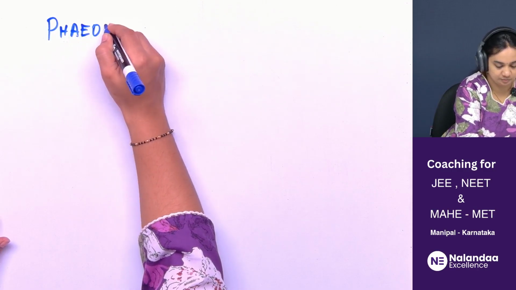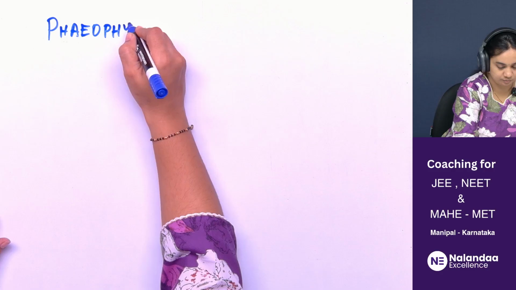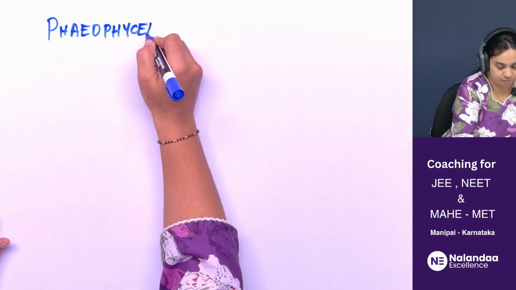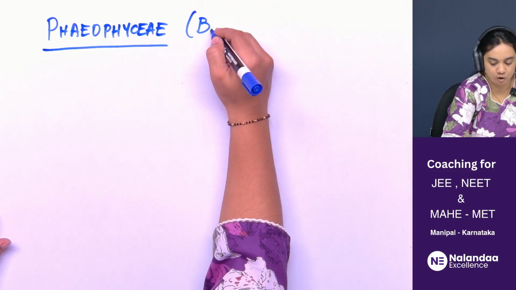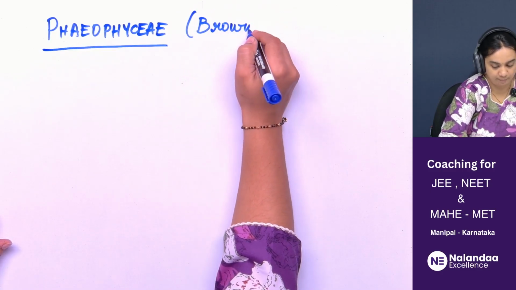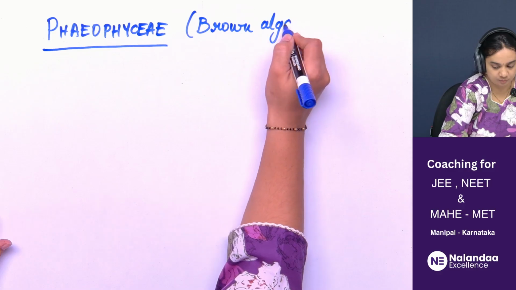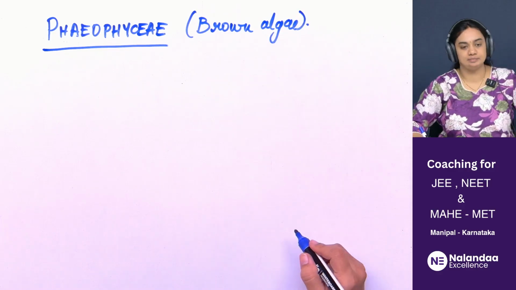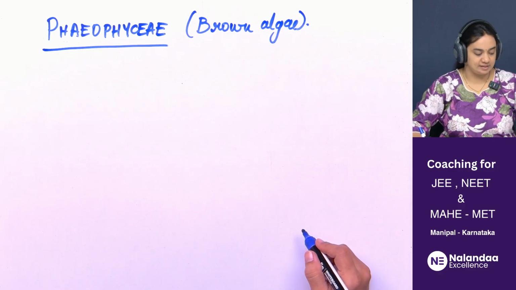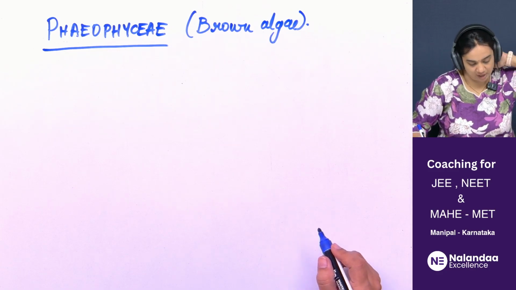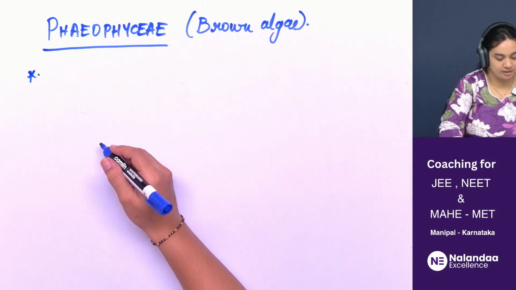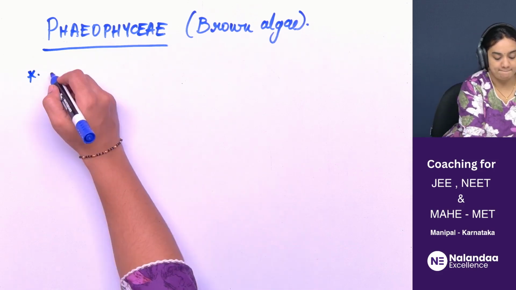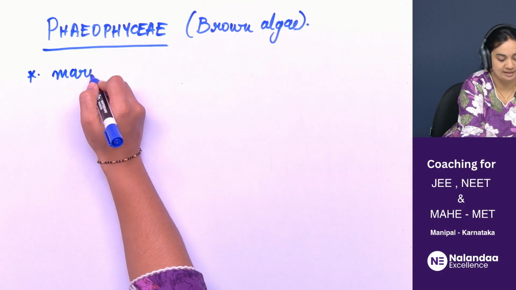So next is class Phaeophyceae, commonly called brown algae. The members of Phaeophyceae are generally found in marine habitats.